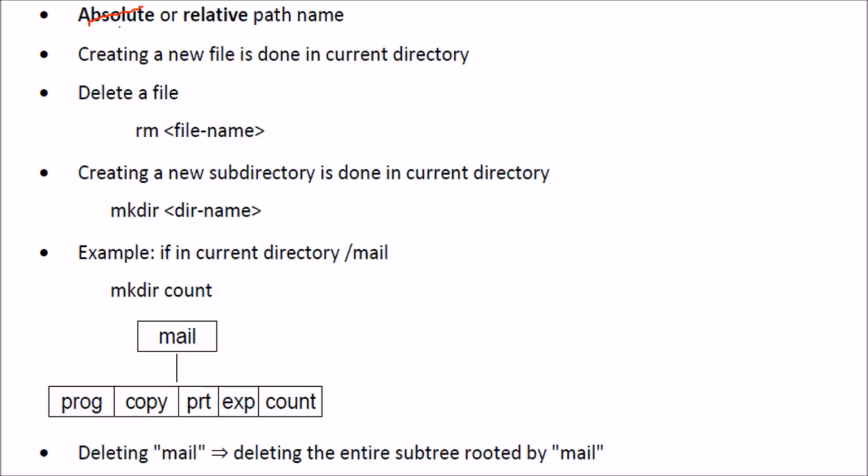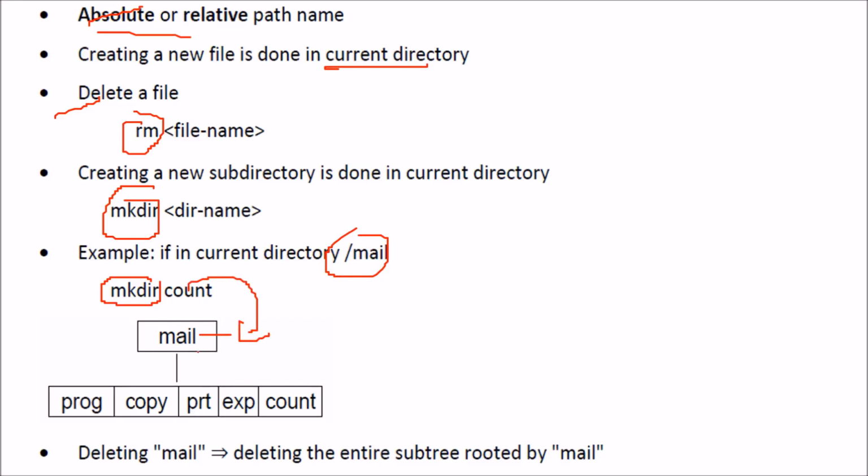When we talk about some absolute or relative path, if you want to create a new file in the current directory, or delete a file, rm is remove, mkdir is make directory. For instance, if you are in the current directory, say this mail, then you just have to say mkdir because you are already in mail.